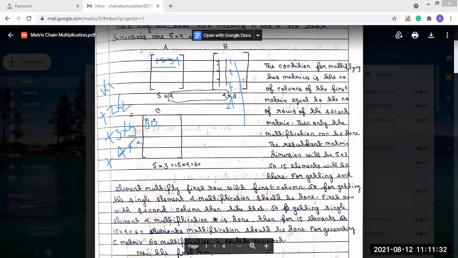How many elements are present in this matrix? We calculated that if its dimension is 5 into 3, then 15 elements are present.